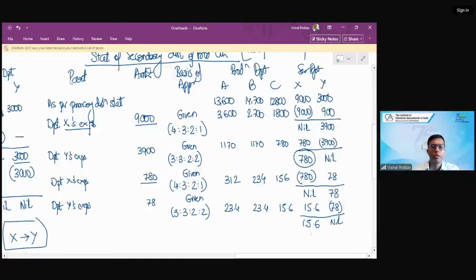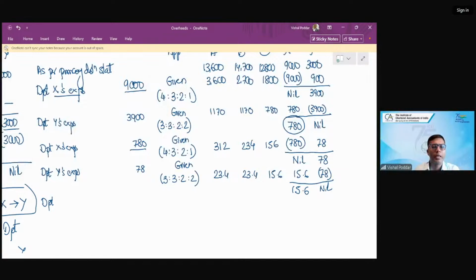I'm sure you would have understood why this is called the repeated distribution method, because we keep on repeating. Now, the question comes, how will all this end? You can go up to decimals. The answer is, you will have to end it. How?